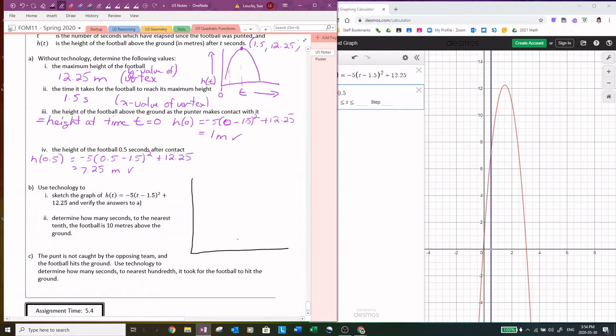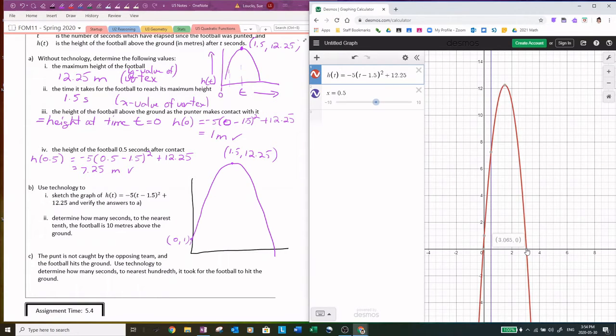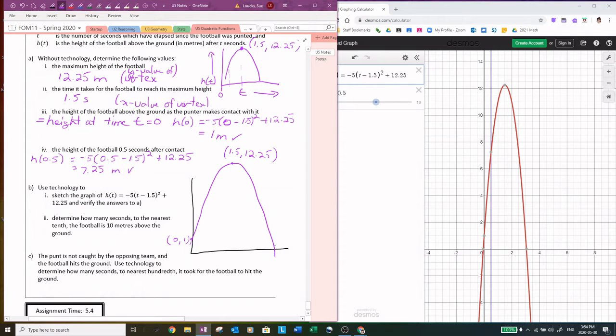Okay, and our graph is going to look like this, where the vertex is at 1.5, 12.25, and this point right here is 0, 1, and this point here, I need to check this over here, is 3.065. 3.065 and 0. Okay.